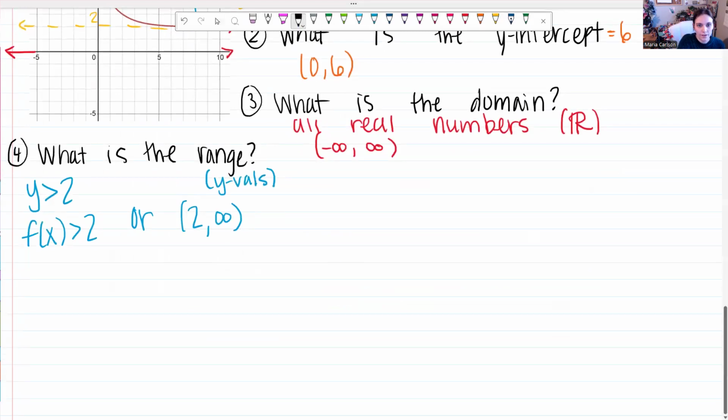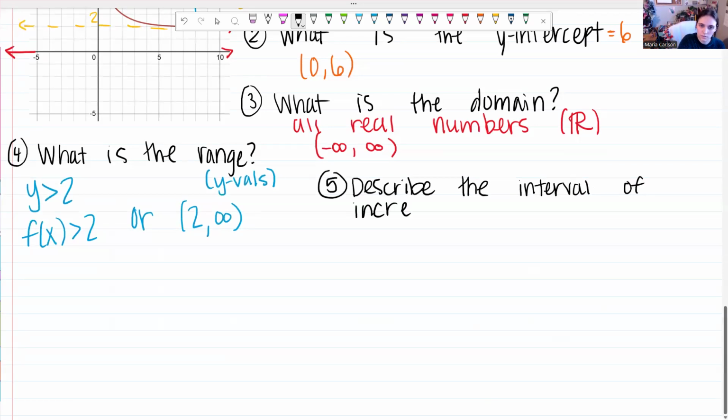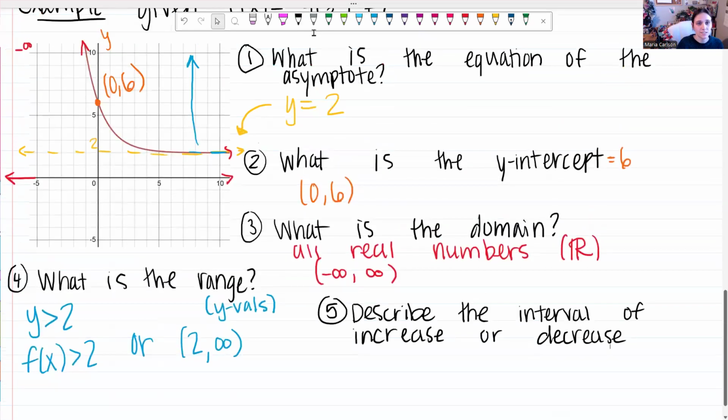Number 5. Do that over here. Describe the interval of increase or decrease. And if I look at this function here, I notice this function is from the left to the right going down.